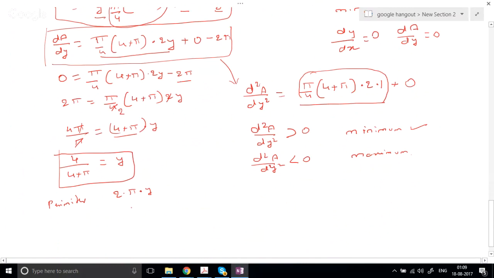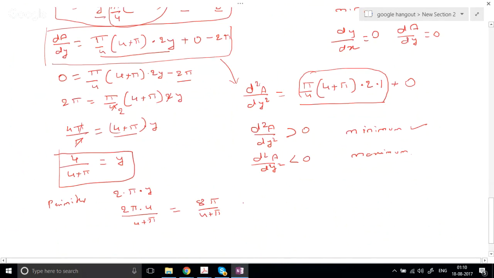Now the y value is this, so 2 into pi into 4 divided by 4 plus pi. So this happens to be 8 pi divided by 4 plus pi. So this is the perimeter, for which we are going to get the minimum area.